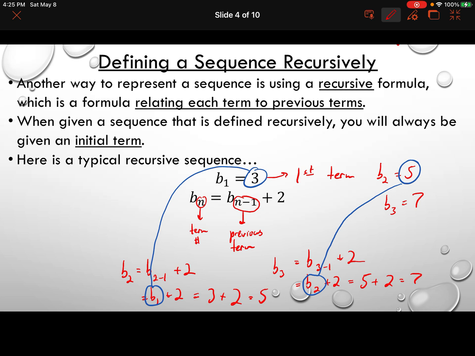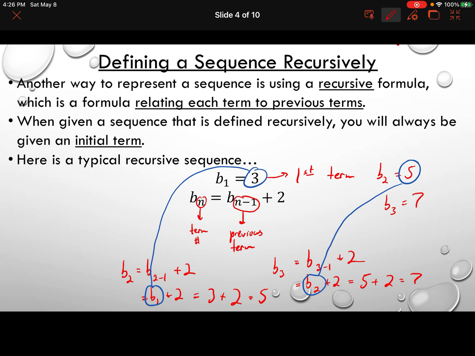But as you can see here, ultimately the question is, what is this sequence telling us to do? Well, remember, this n minus 1 is just your previous term, right? So think about it. You're taking your term and you're subtracting 1, so you're going one place backwards. If we're talking about the second term, you're going to the first term.